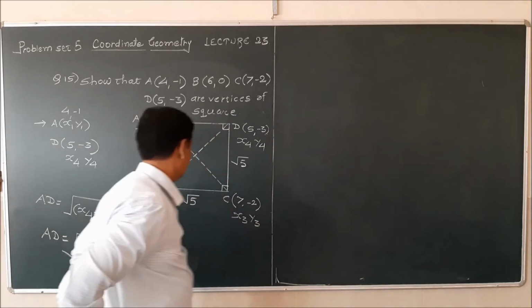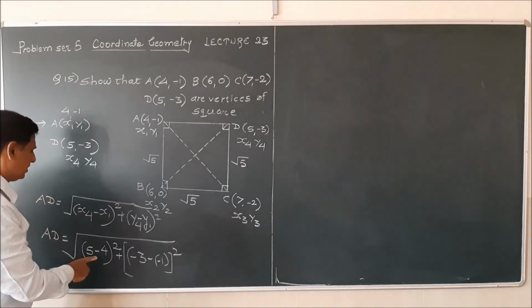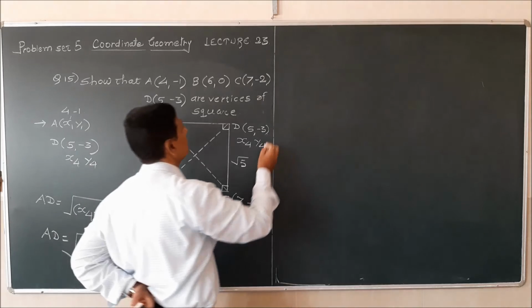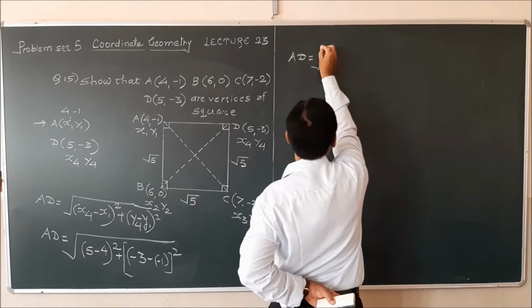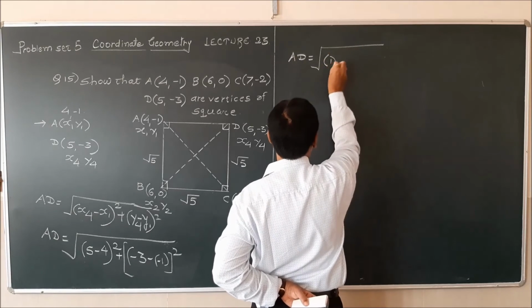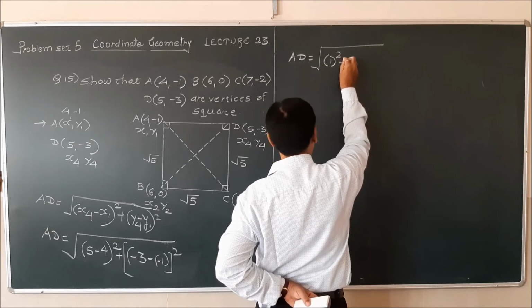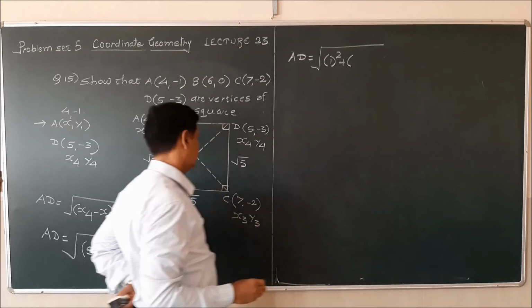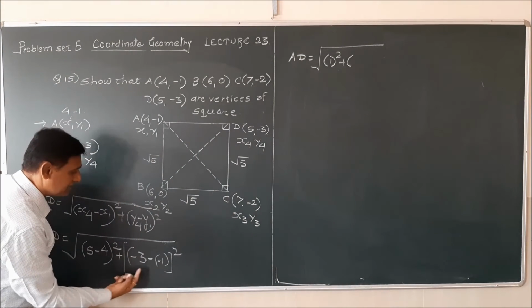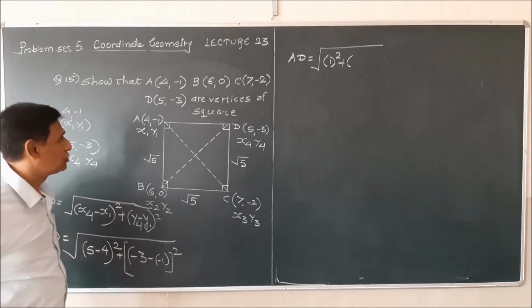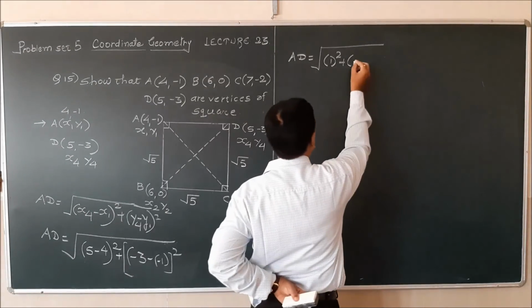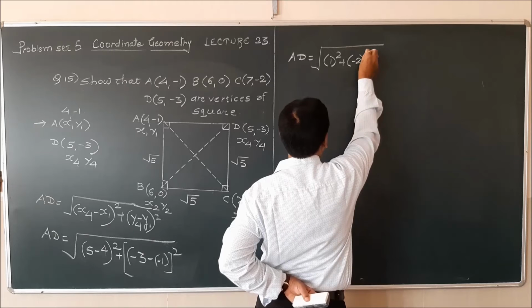Now in this case we will find here 5 minus 4 is 1, so AD is equal to 1 square plus, very important, minus 3 plus 1 will give us minus 2, minus 2 the whole square.